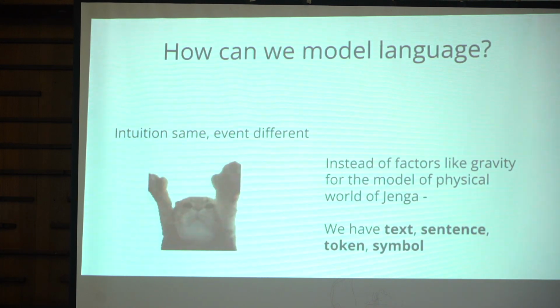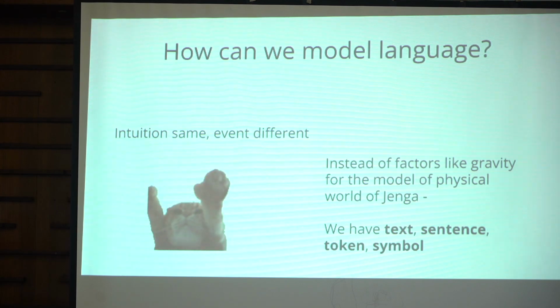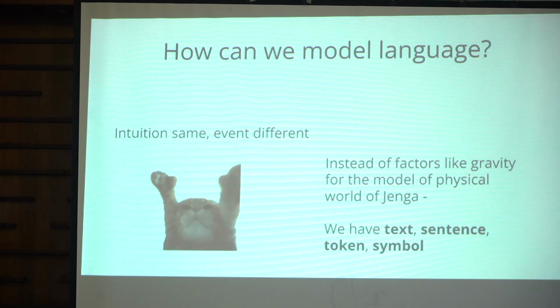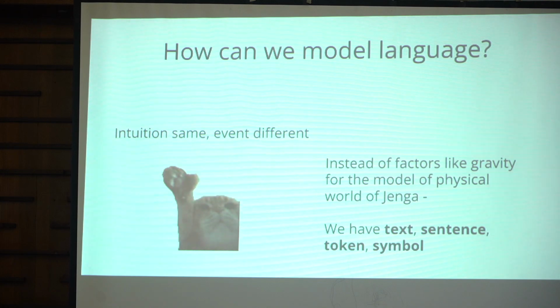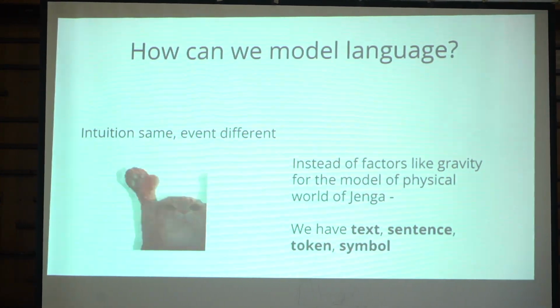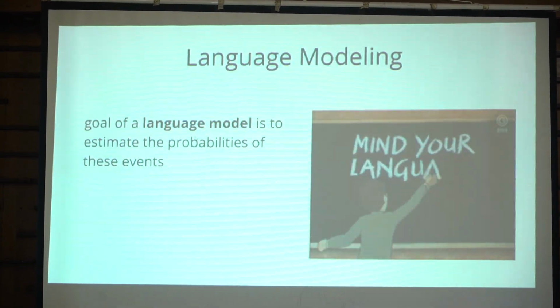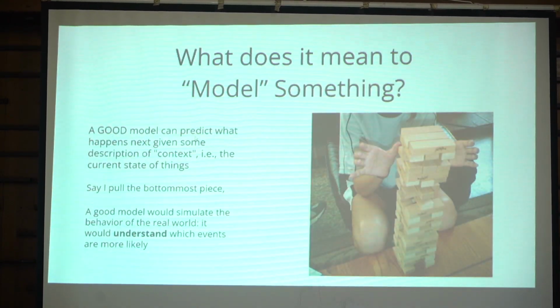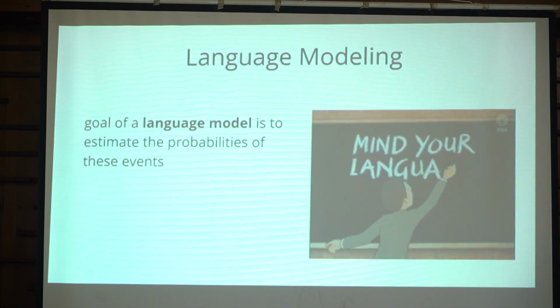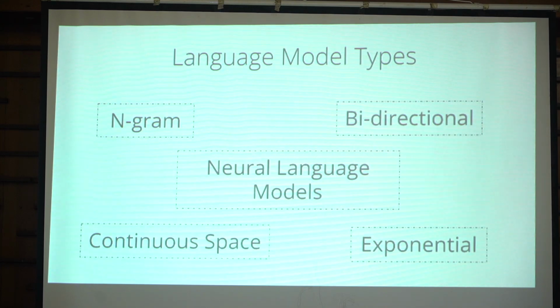So similarly, with the same intuition but a different domain, this is how language modeling works, but we will deal with text, sentences, tokens and symbols. That is the only difference. A good model can always predict what happens next given some description of context. That is the definition of modeling something, and that is also applicable in language modeling. The goal of a language model is to estimate the probabilities of next events based on a context.